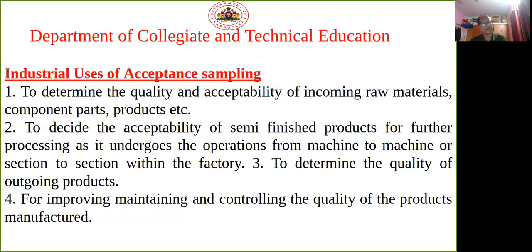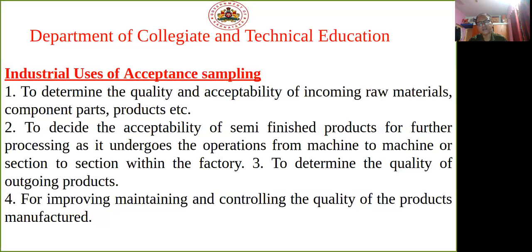The second use is to decide the acceptability of semi-finished product for further processing as it undergoes operations from machine to machine, or from section to section, within the factory. As I have told you, acceptance sampling is not only an inspection method to inspect the finished product.